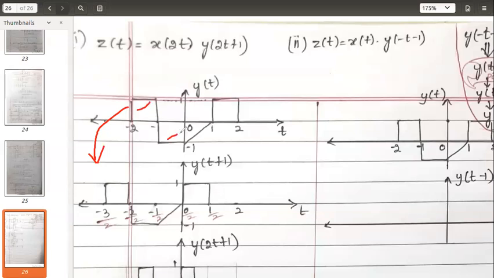See, 1 part, 2 part, 3 part, 4 part. 4 parts are there. And check the difference between these 2 points. Between 2 and 3, there is a difference of 1. And at the end point, between 2 and 1, there is a difference of 1. So you have shifted by one amount.